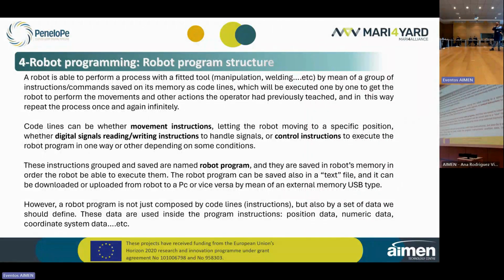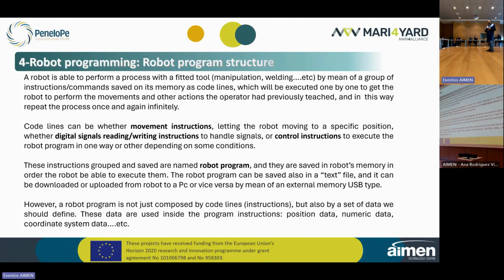And there is another kind of instruction, control instructions, to execute the robot program in one way or another depending on these digital inputs or other inputs from the robot's surroundings. All of these instructions can be grouped and saved as a robot program.